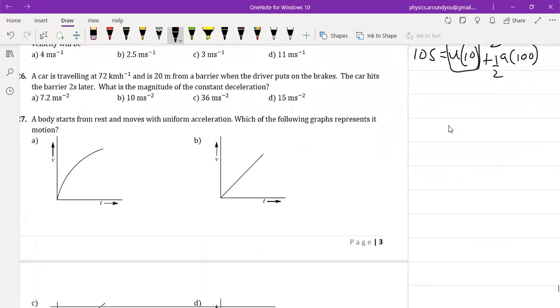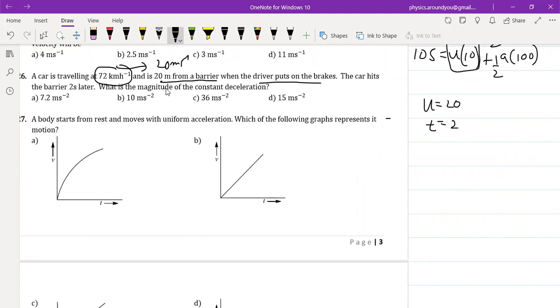Question number 26. A car is traveling at 72 km per hour and is 20 meters from a barrier when the driver puts on the brakes. Well, it's all about converting 72 into meters per second first. 72 into 5 by 18 is going to be 20 meters per second. So what we have is u is 20 meters per second and the time value is 2 seconds.